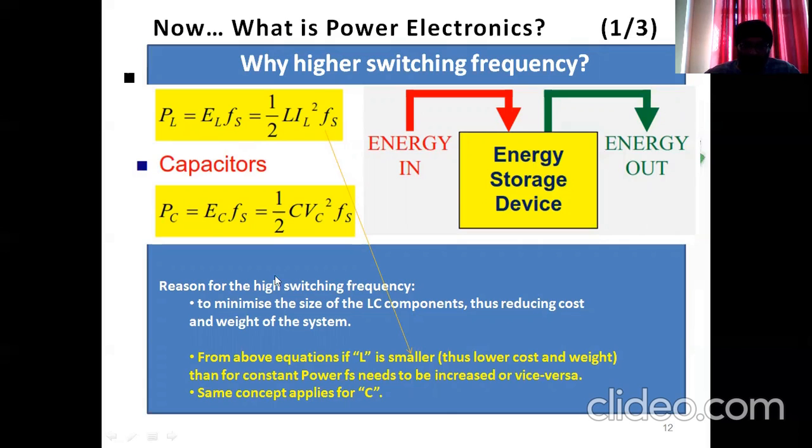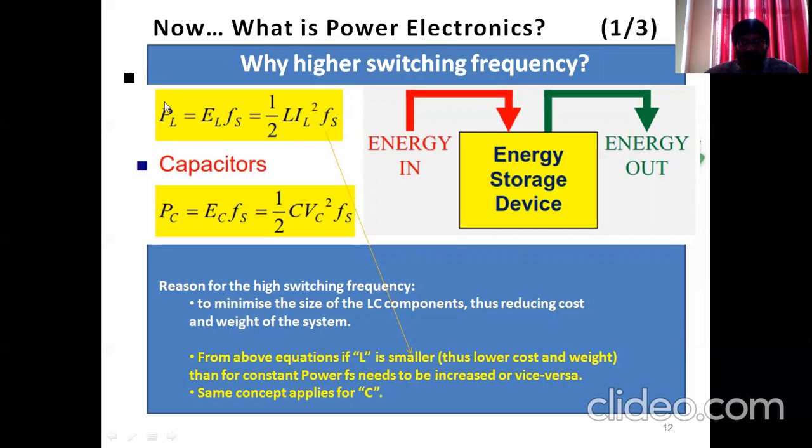Now, if we are talking about this power in electronic circuits, there are two variables. One is the inductor, a variable that we can change. It is up to the designer to decide the value of the inductor, and another parameter is frequency. It is also the responsibility of the designer to decide the value of frequency. So these two variables are designer dependent.